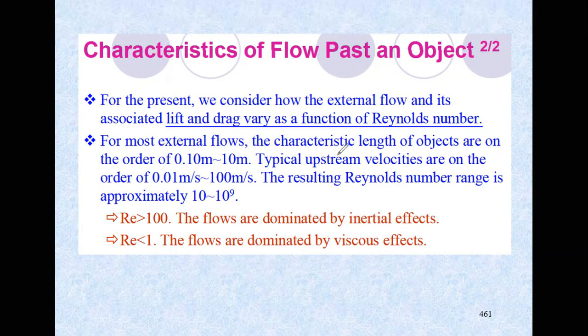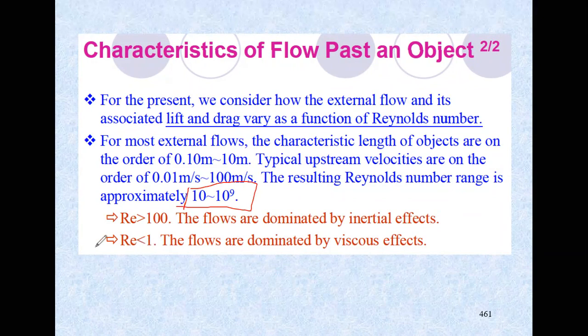Okay, for most external flows, given the characteristic length and the velocity, the resulting Reynolds number is from 10 to 10 to the power of 9. For Reynolds number greater than 100, up to 10 to the power of 9, for example, the flows are dominated by the inertial effects.